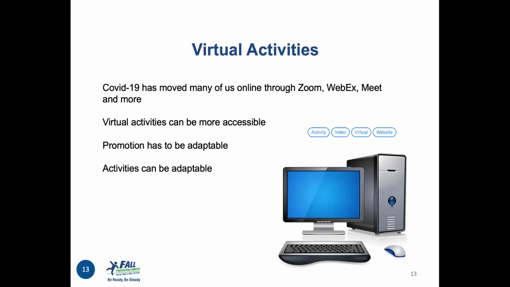Virtual activities can be more accessible in terms of older adults who may not have the mobility or the independence to go out to a community center and attend an event. And it can also be accessible for a parent who's busy at home and has a young child, and same thing, might not be able to travel to attend an event, but can make time for a half-hour event online.